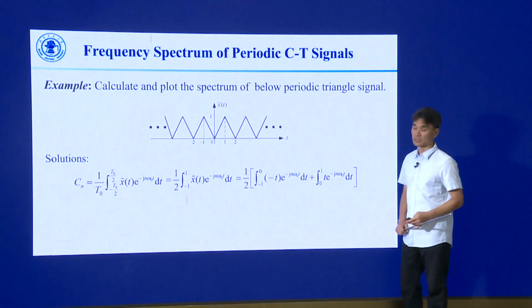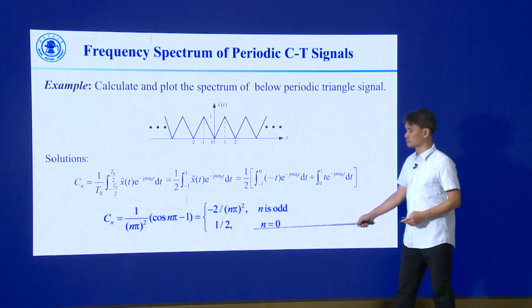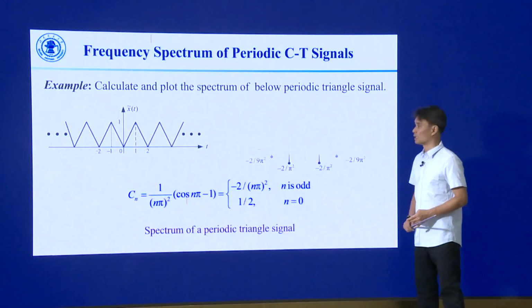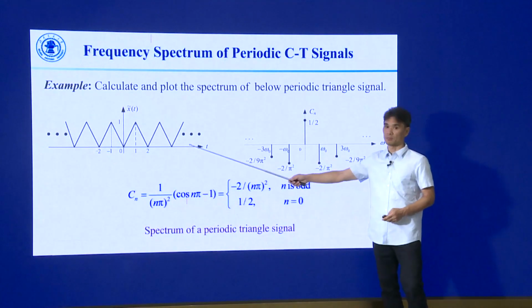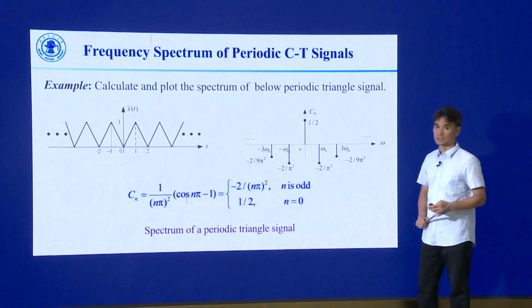So without going through the details, the spectrum actually is in this format. And we can again plot it in the frequency domain. Again, for periodic signals in the time domain, the spectrum in the frequency domain is discrete spectral lines.